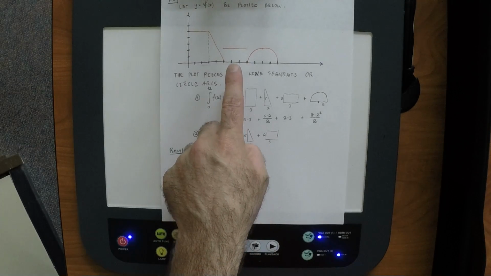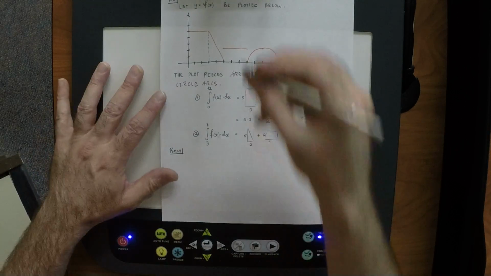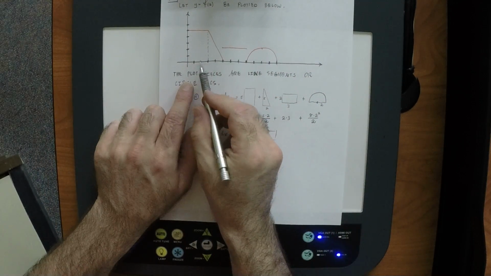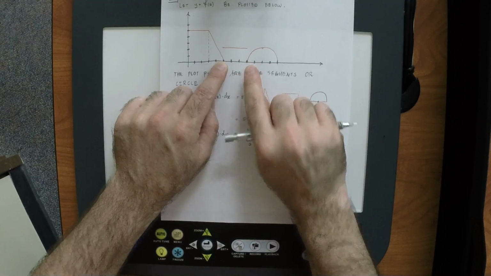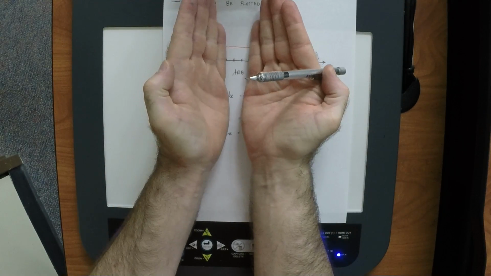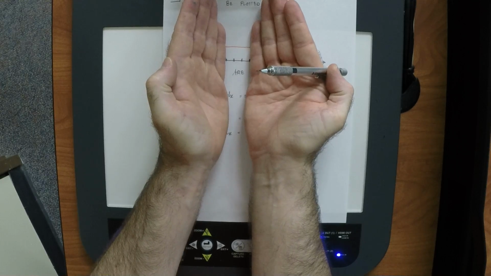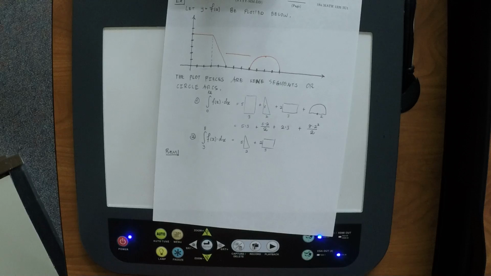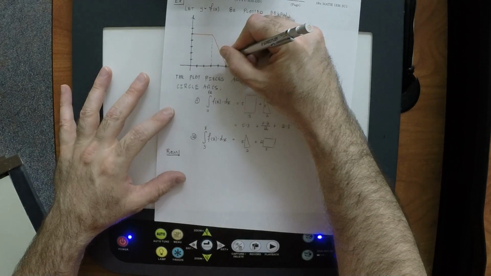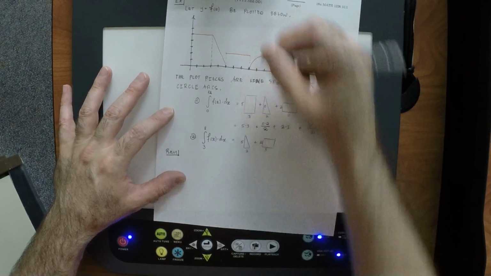This? Yeah, because between 5 and 8, what is that shape? It's a rectangle, okay, I got you. Yeah, you can imagine if you like that there's dashed lines right there.